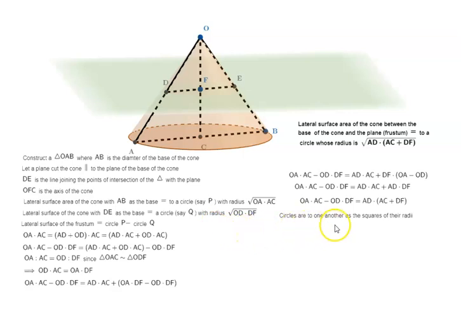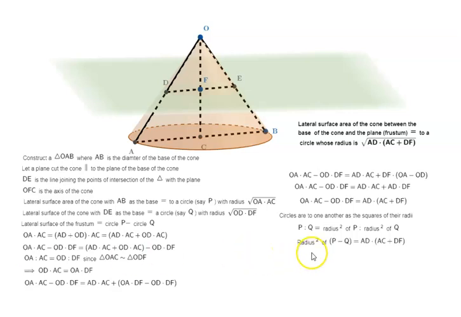And we know that the circles are to one another as the squares of their radii. Because till now what we have been working with is the radius squares. So when we say OA times AC, we are not talking of the radius, we are talking of the radius square. So which means P is to Q is equal to radius square of P is to radius square of Q. So that means the radius of the circle equal to the surface area of the frustum is equal to AD times AC plus DF.